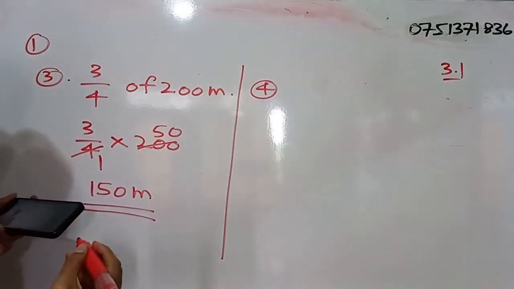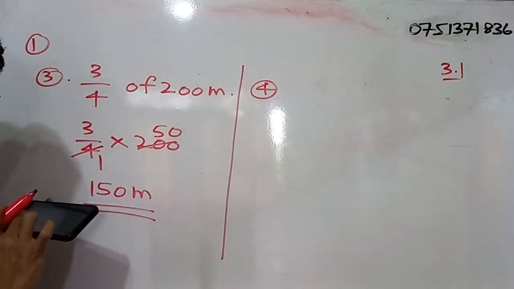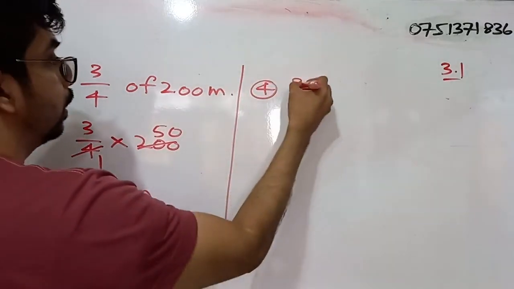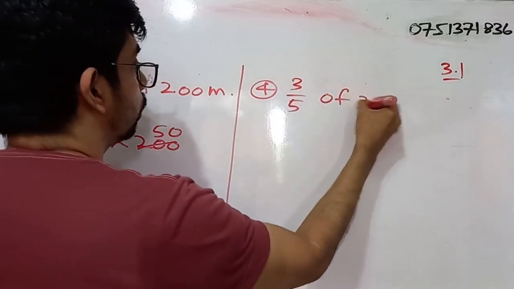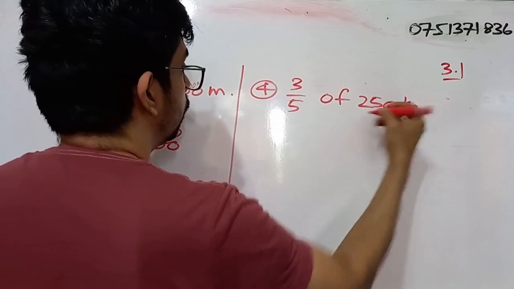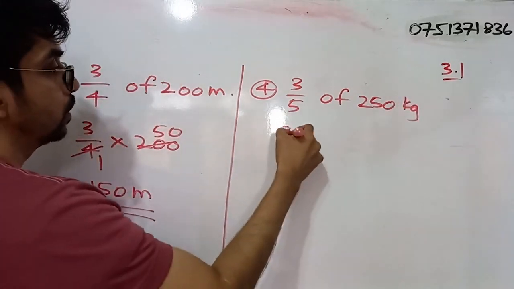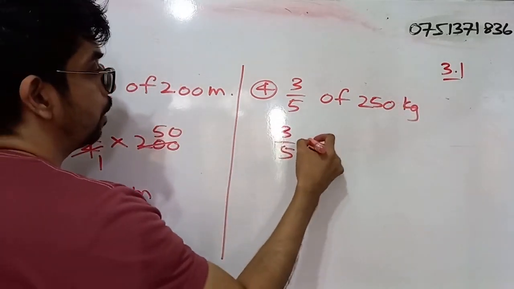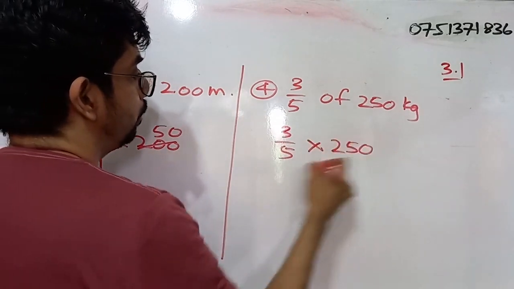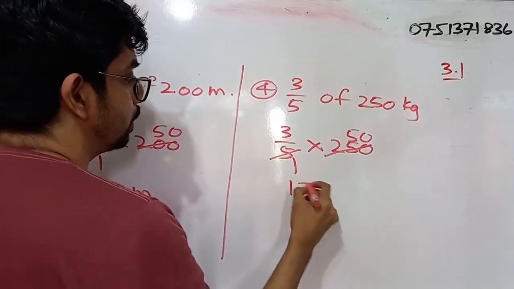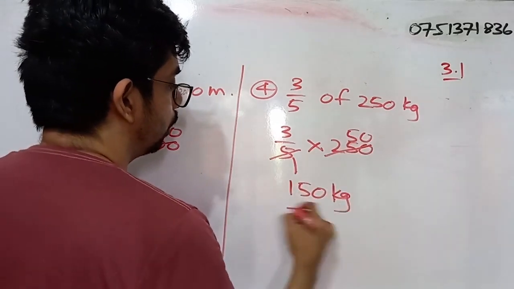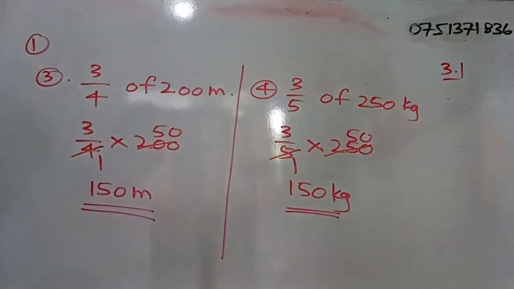Part 4, what do we have? 3/5 of 250 kilograms. So 5 times 1, 5 times 50. 3 into 50, what is that? 150 kilograms. That is the answer.